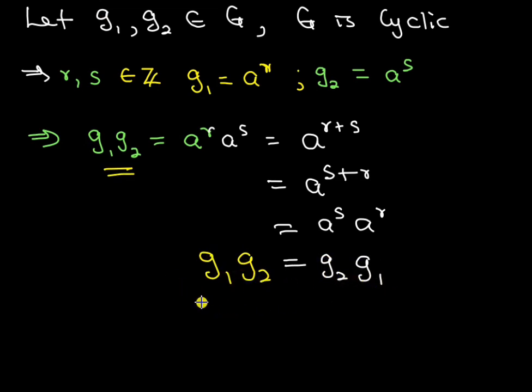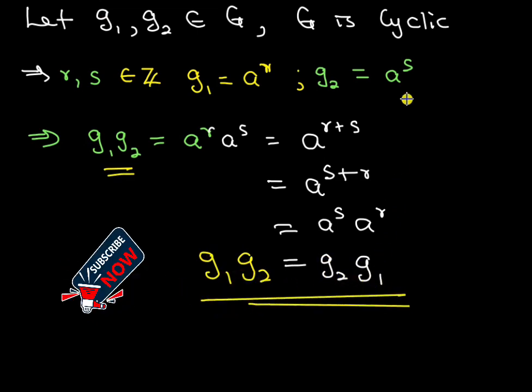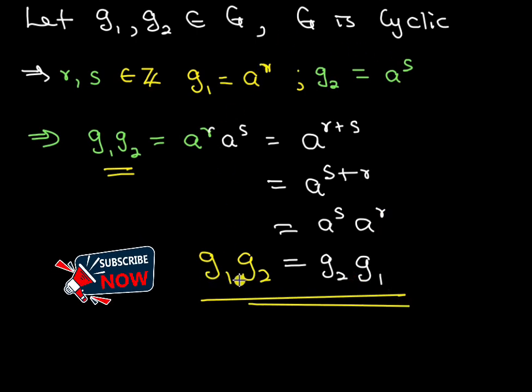That means any two elements of G that you pick and you compute them this way can be equal to turning them the other way around, and that is what you need to show for abelianity. Therefore our G is abelian. All right, and that's enough to complete the required proof.